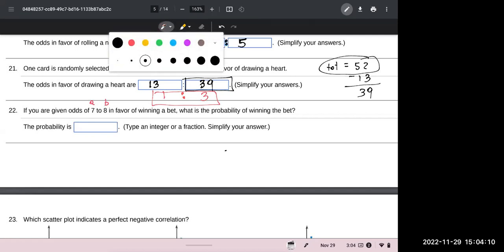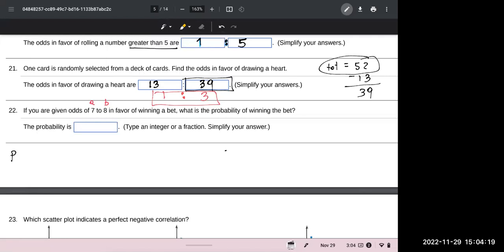So here I want to review the formula, how you can find the probability when the odds are given. So to find the probability when the odds in favor are given, you're going to use the formula A divided by A plus B. A is the first number, B is the second number.